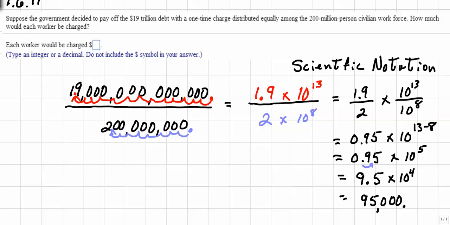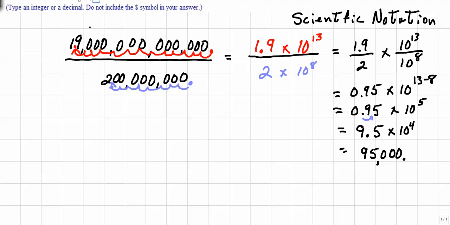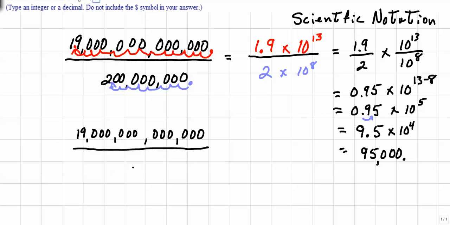Now, as I said, there's another way of looking at this. If I'm going to take this problem and rewrite it again as 19 trillion, and I'm going to divide that by the 200 million, I can look at this and say, you know what? I'm just going to go ahead and divide through by powers of 10.